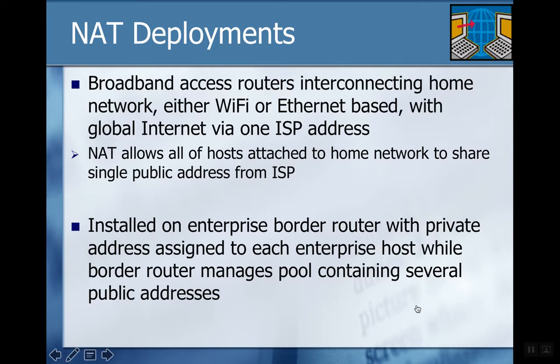So the idea is, as we say here, installed on the enterprise border router with private addresses assigned to each enterprise host. The idea of a border router is, think of that as a router that communicates with the internet.